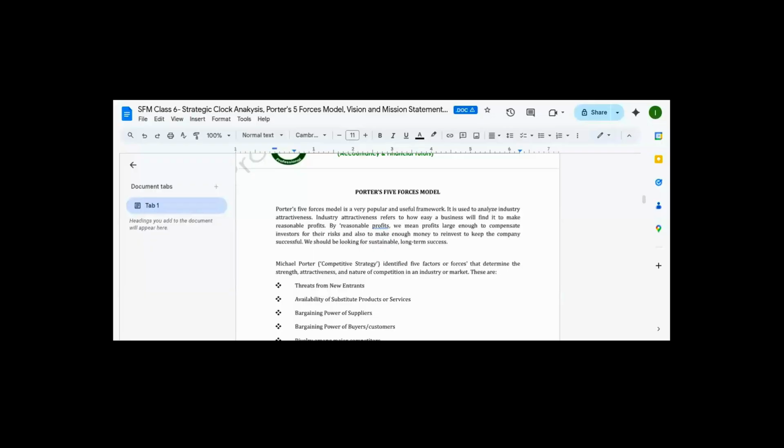The Bowman strategic clock comprises, first, the no-frills strategy. No-frills strategy requires selling below average quality products at a lower price. The second one is low price strategy.